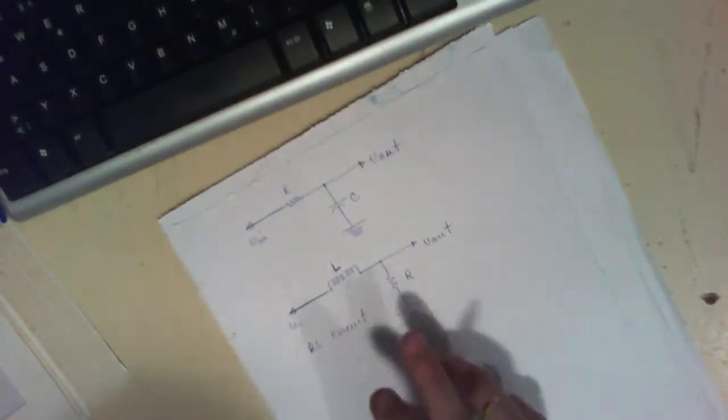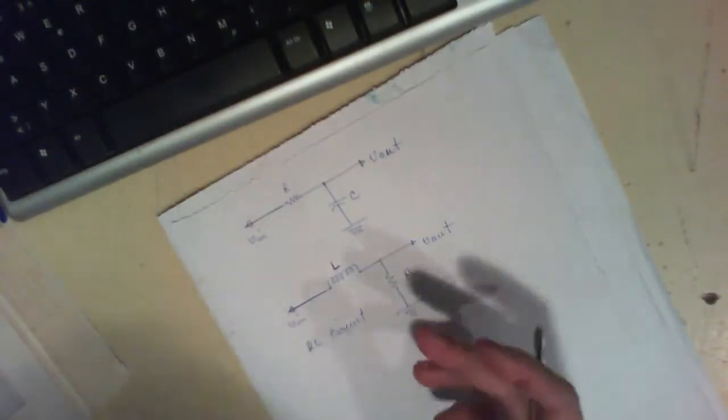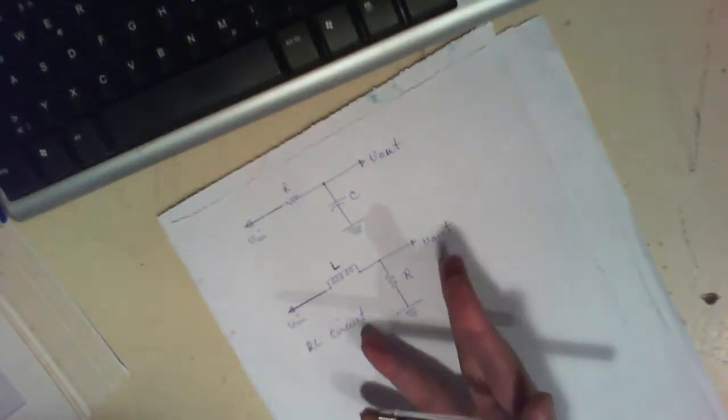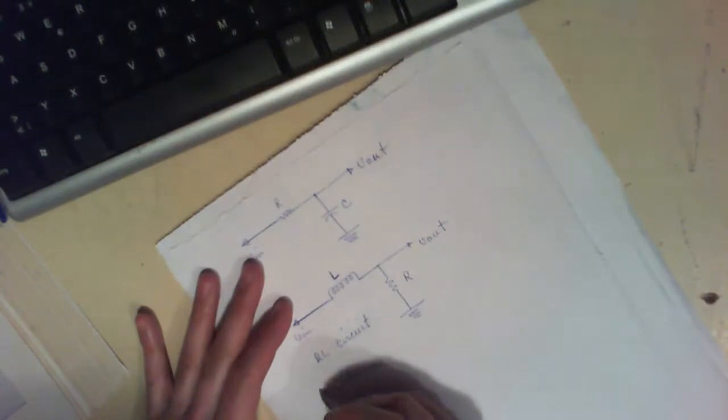Okay, so this RL circuit, the same as the RC circuit, has something called the impedance, and you know about the impedance.